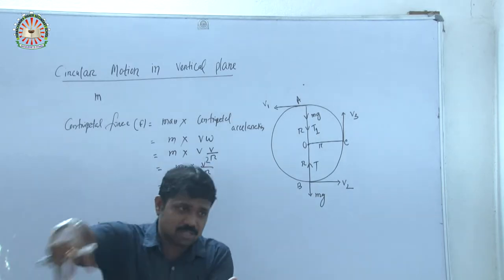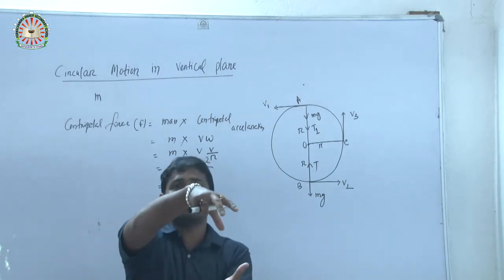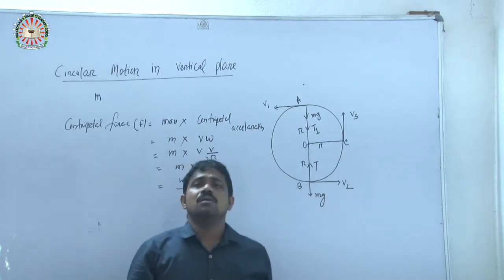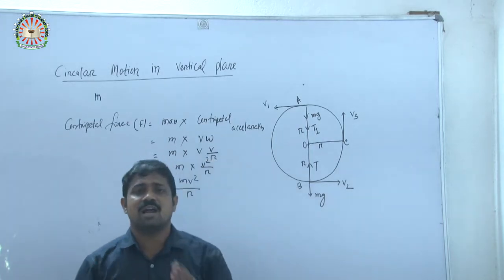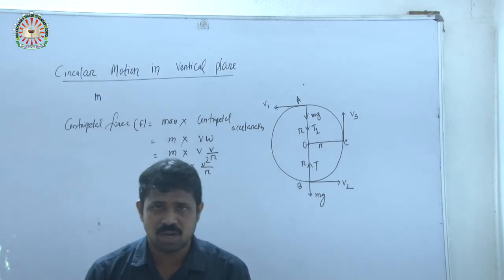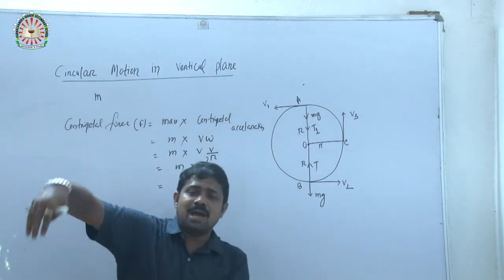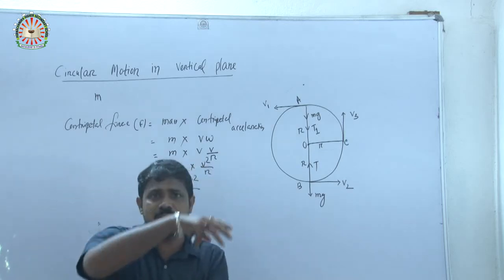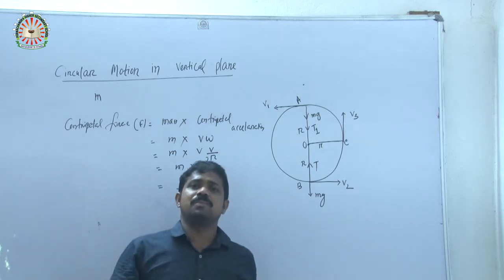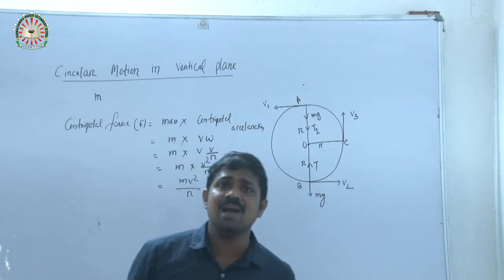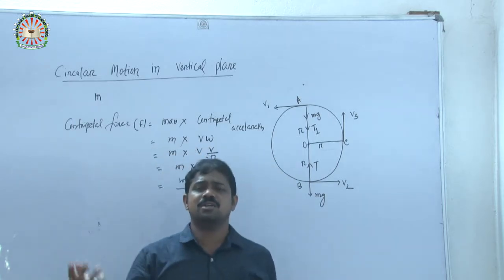So to move in that circular path around the sun, the necessary centripetal force is provided by the gravitational force of attraction. Understood? Clear? So to move the planets around the sun, there must be a centripetal force, and that centripetal force is provided by the gravitational force of attraction. Very simple.